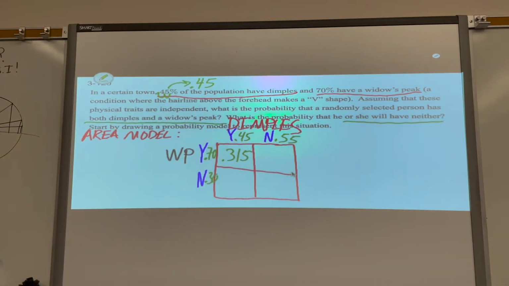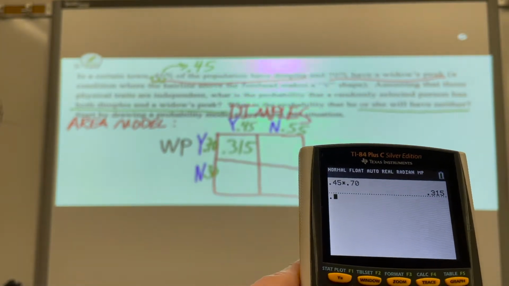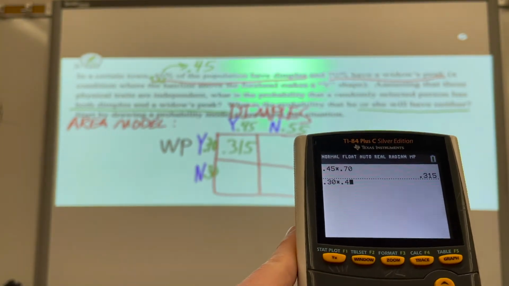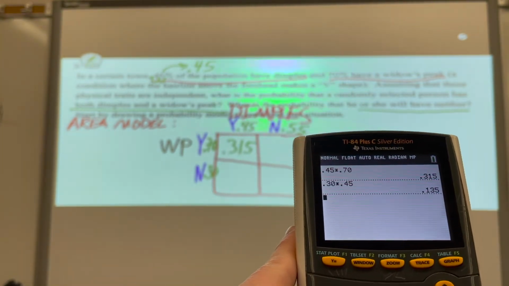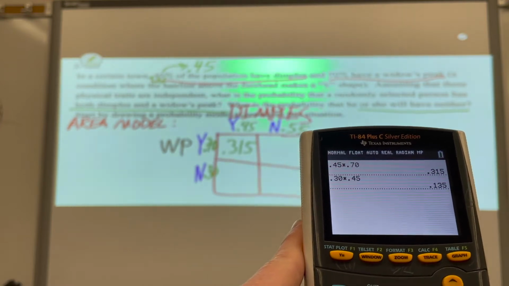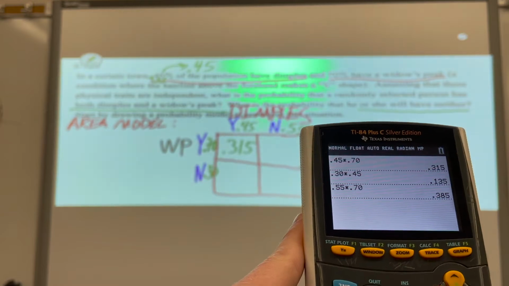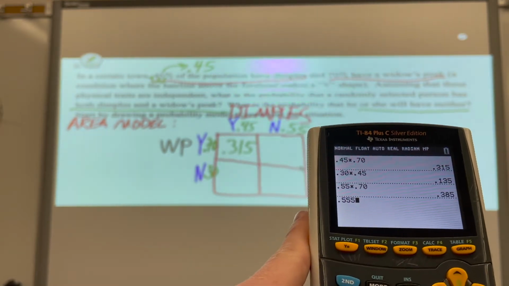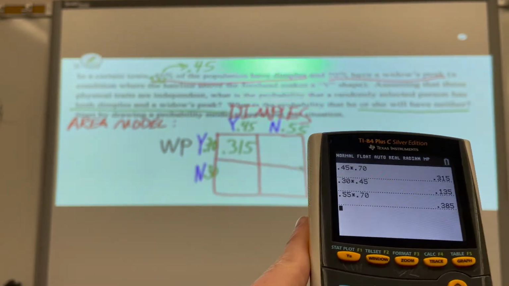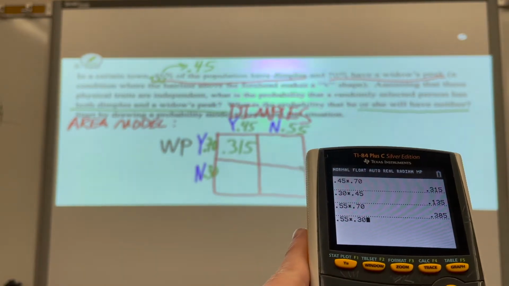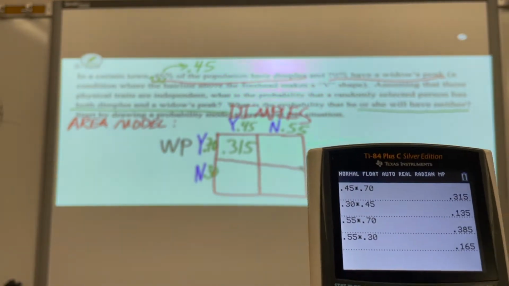Okay, now I'm going to do that for the rest of them. Second part, 0.30 times 0.45, 0.135. That's going to go in the bottom left box. I'm going to do it all right now, though. 0.385. And that would go in the bottom right corner.